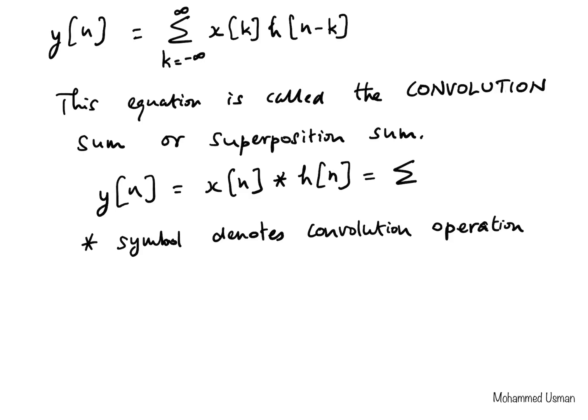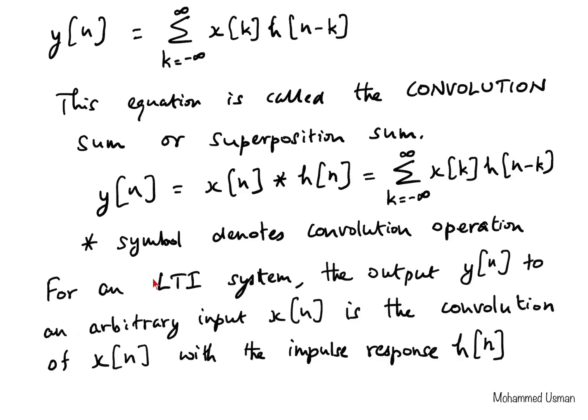Okay, and so that's basically equal to summation x of k times h of n minus k for k equals minus infinity to infinity. So basically what we are saying here is that the output of an LTI system is the convolution between the input and the impulse response of the system.